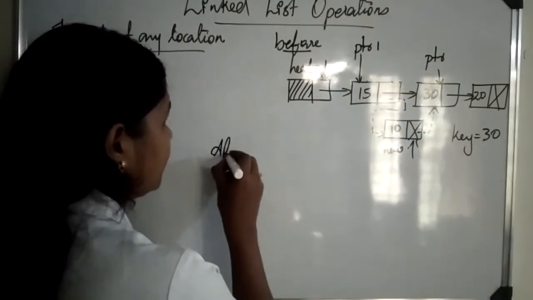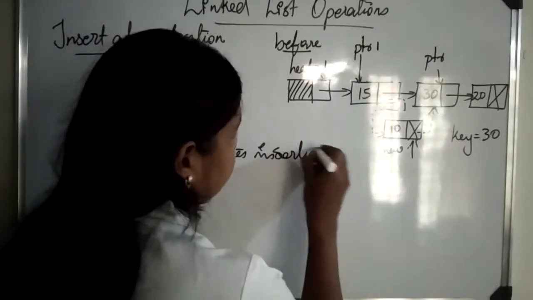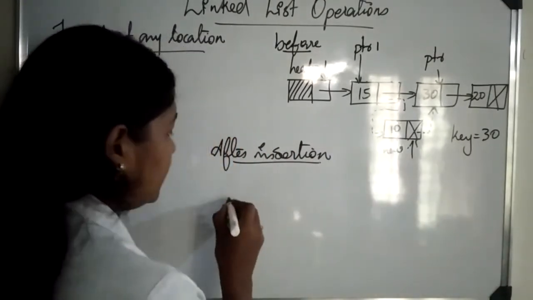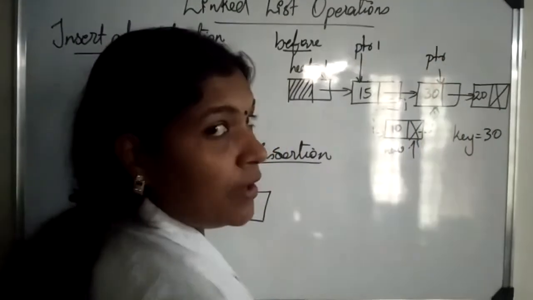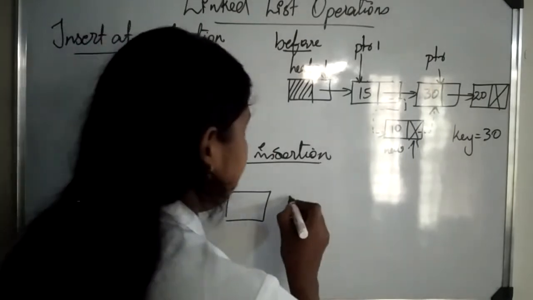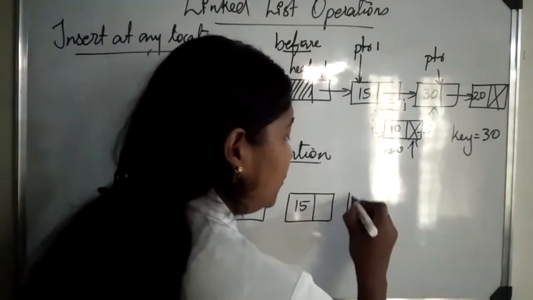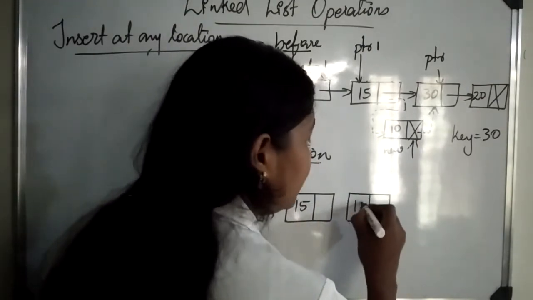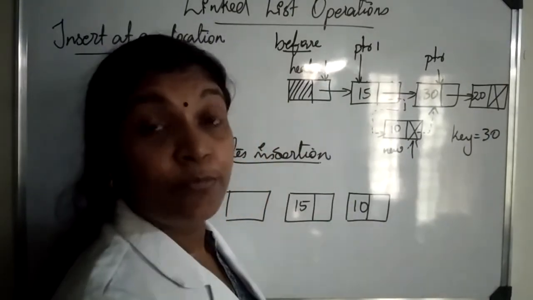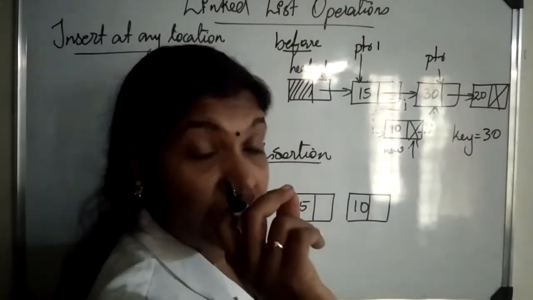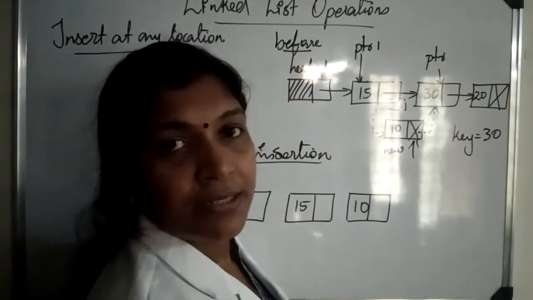So after insertion, draw the diagram making this new node a part of our existing linked list. So first node with value 15, then which is the next node? Next node with value 10. This was our new node. And after insertion, there is no more new node. We don't need the name new, because right now it has become a part of our single linked list.